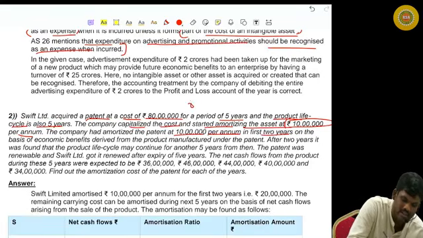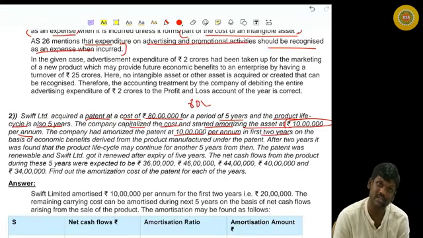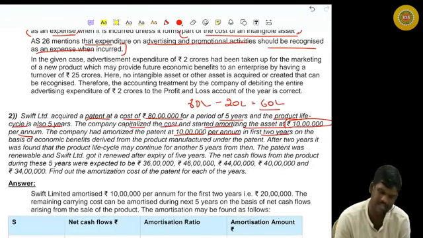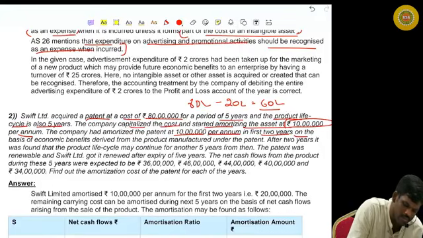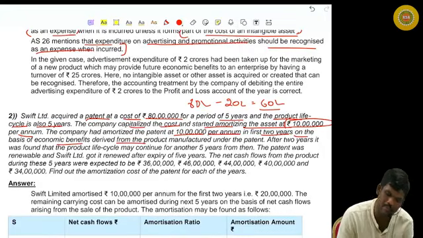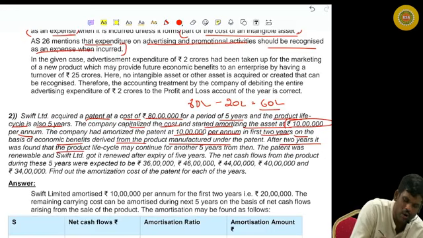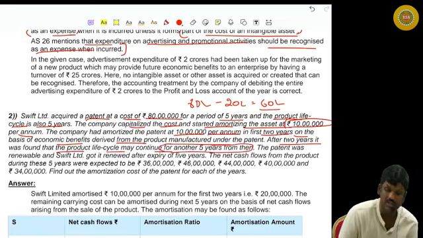They bought at 80 lakhs, and in the first 2 years, how much amortization did they charge? 10 lakhs per annum, so totally 20 lakhs is the amortization. So carrying amount now will be 60 lakhs. On the basis of economic benefits derived from the product manufactured under the patent, after 2 years, it was found that the product life cycle may continue for another 5 years. Now they are revising the useful life.